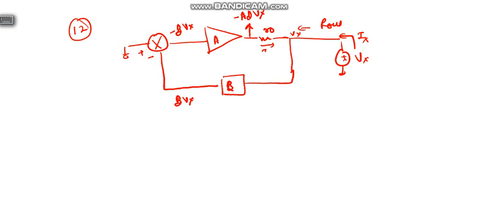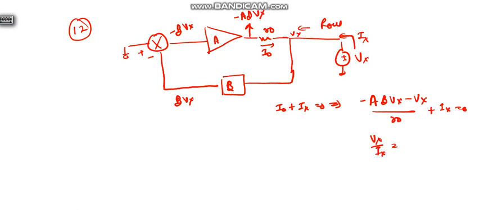So say IO plus Ix equals 0. IO is minus A beta Vx minus Vx divided by RO, plus Ix equals 0. So Vx upon Ix comes as RO times 1 plus A beta. So this is the output resistance.